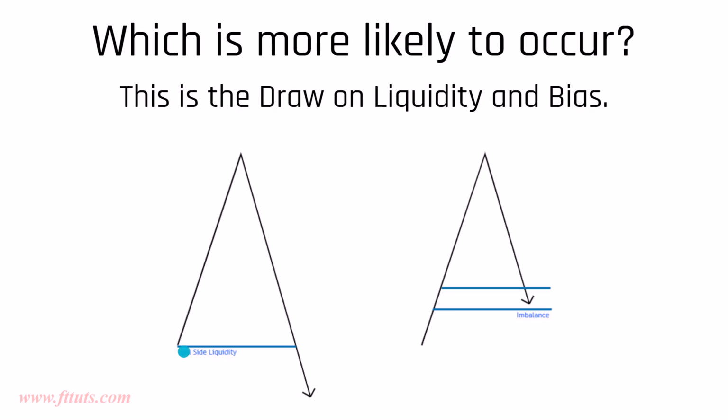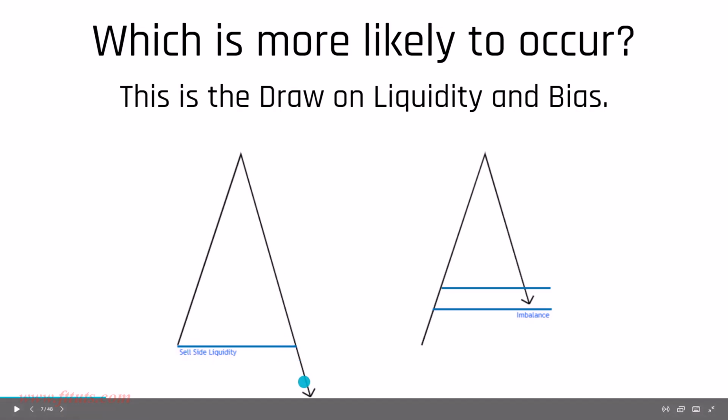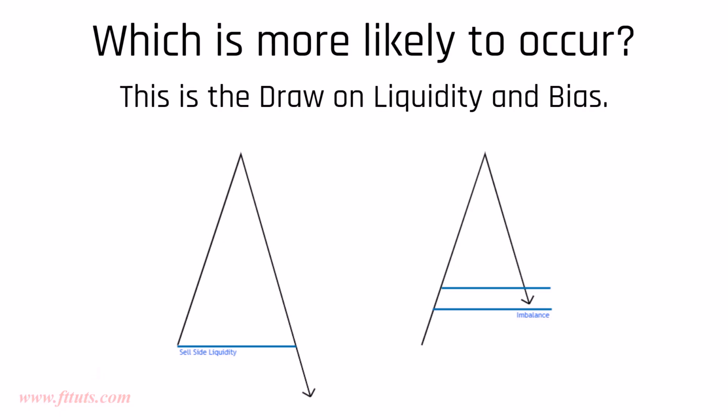And let's say the sell side liquidity pool, we got a clean close below, then look more to the left. In the past, is there any other imbalances where price is more likely to go and fill? Or is there more sell-side liquidity? You keep doing the same thing over and over again until you get some signs that the trend is probably going to stop. So let's get into this.